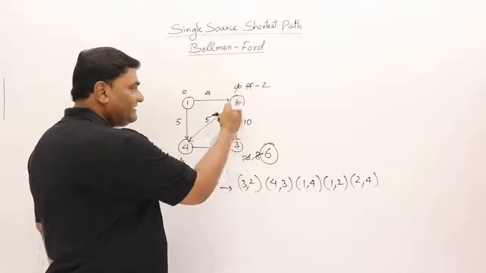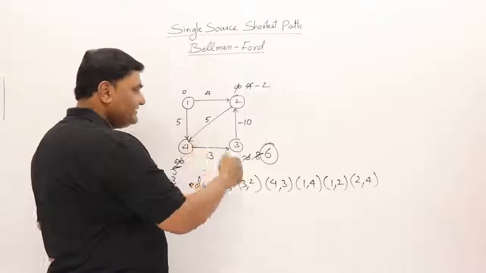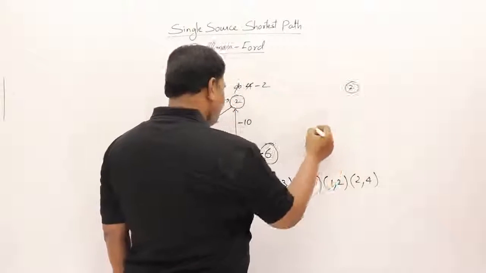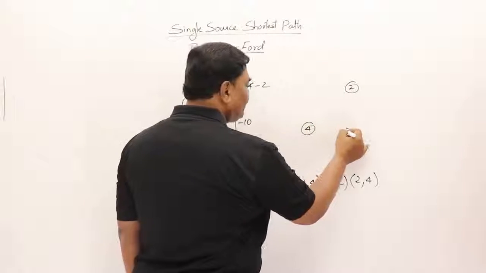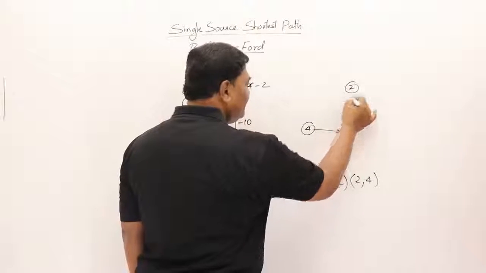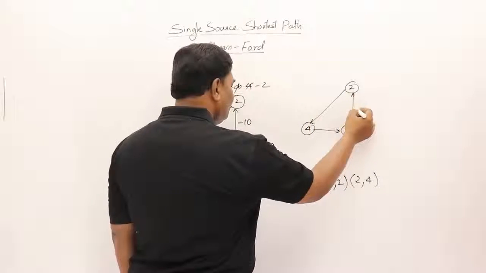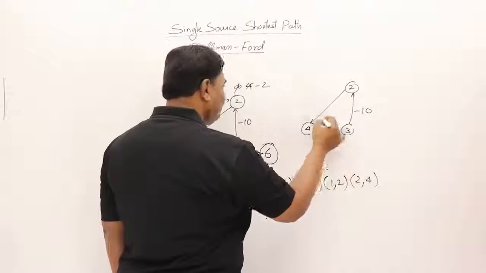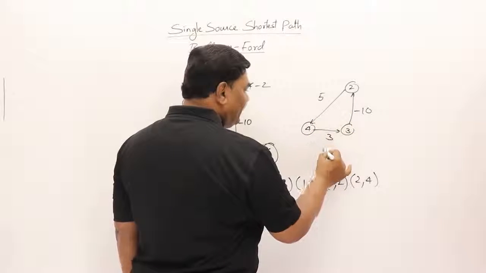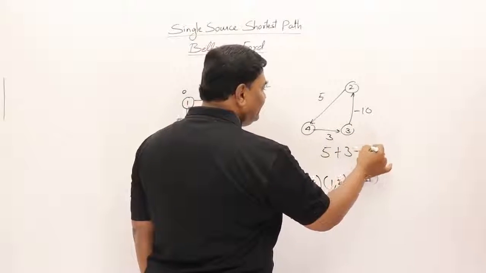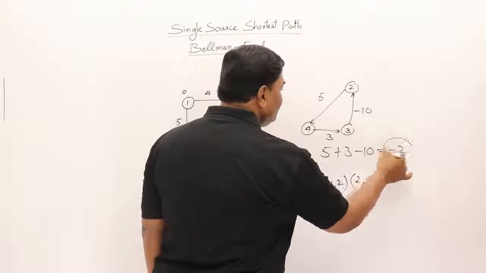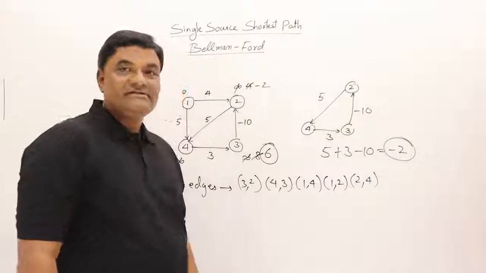The reason is there is a cycle of edges, that is 2, 4 and 3. So this is forming a cycle. This is minus 10, and 3 and 5. So if I add this, 5 plus 3, 8, minus 10 is minus 2. The total weight of the cycle is negative.